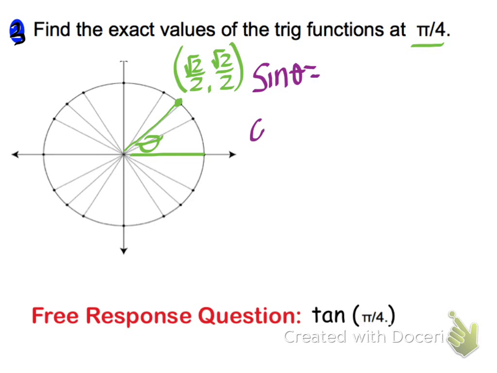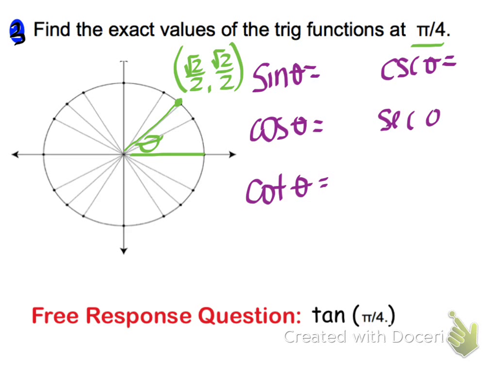Sine, cosine, tangent, and then cosecant, secant, and cotangent. And I'm sorry, we should put tangent down here.